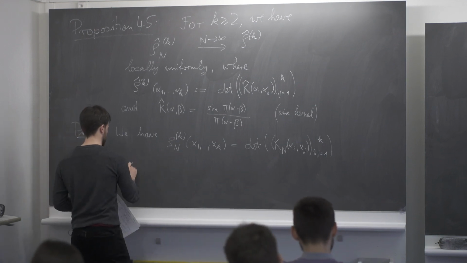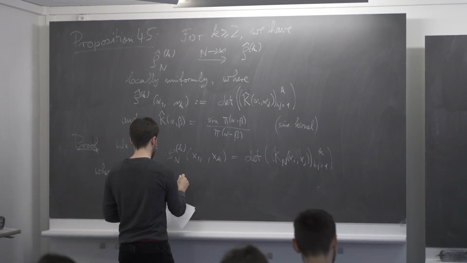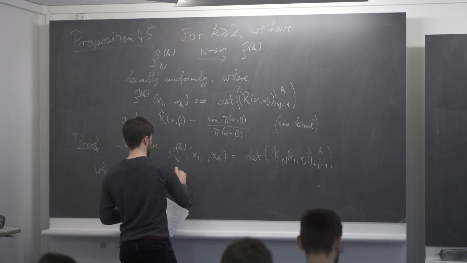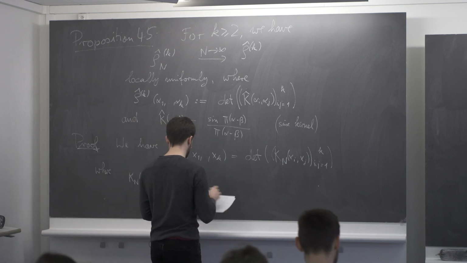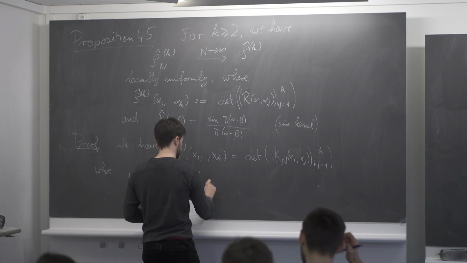If you remember, K_n of x and y was the sum, k from 0 to n minus 1. There was some normalization constant.